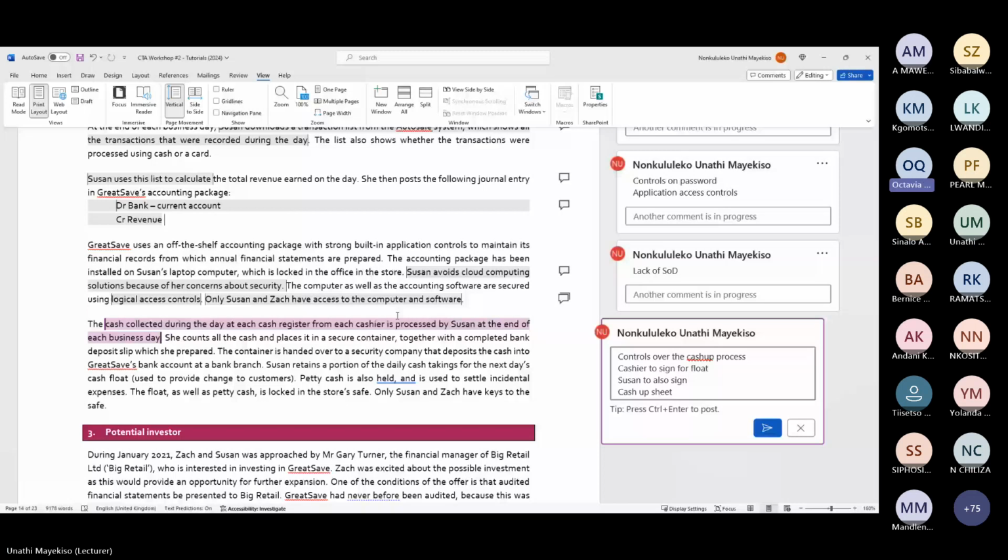To ensure that the cash balance is according to what your receipts are printing out. So you need to reconcile your cash-up to your receipts, right? Yes. Remember they said the receipts are printed in duplicate. Yeah. Anything else?